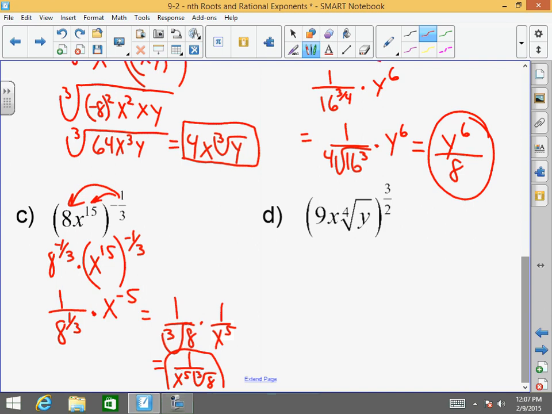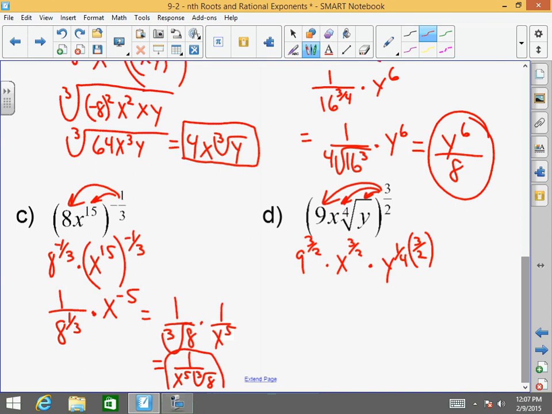Okay, 9x times the 4th root of y raised to the 3/2 power. Everything here gets multiplied by 3/2 exponent. So I have 9 to the 3/2 times x to the 3/2 times, remember that the 4th root of y is y to the 1/4 times 3/2.